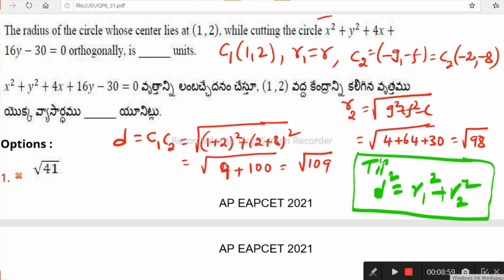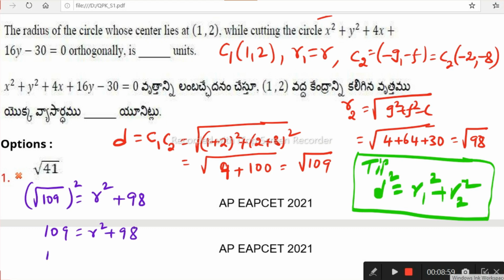109. D square means what? 109 whole square, right? D square means root over 109 whole square is equal to R1 square plus R2 square. R1 is R only, that is R square, plus R2 square is root 98 whole square is 98, right? Root 109 whole square is 109, equals R square plus 98.